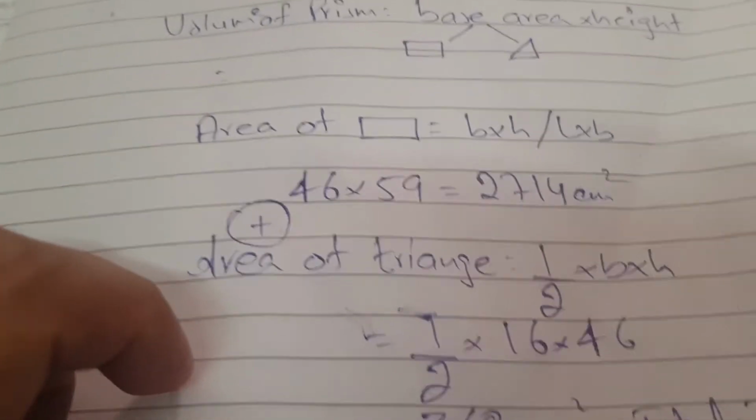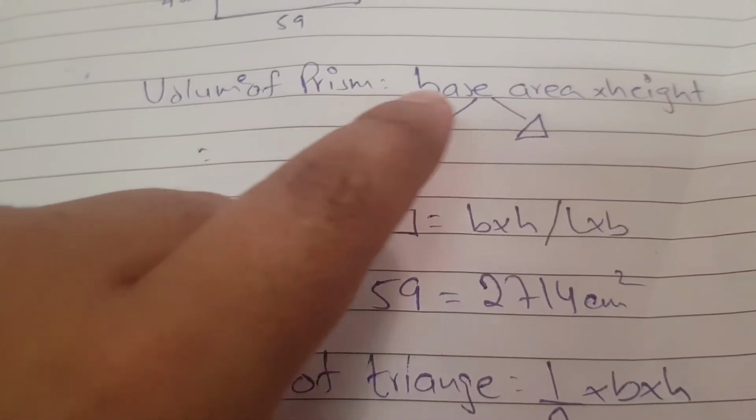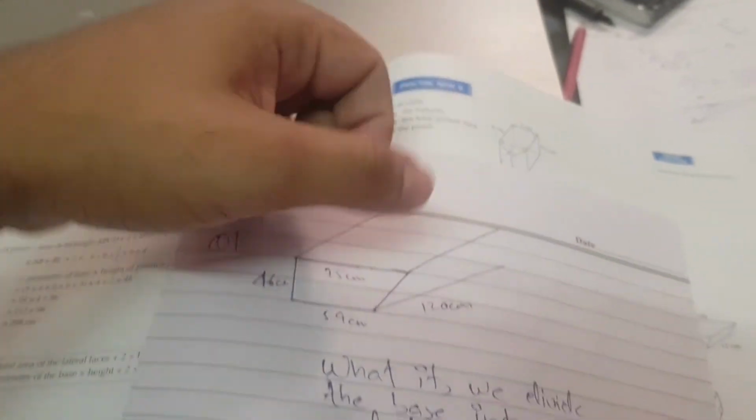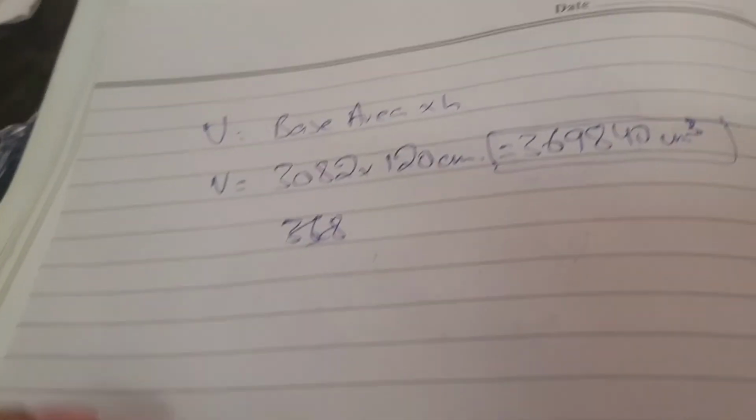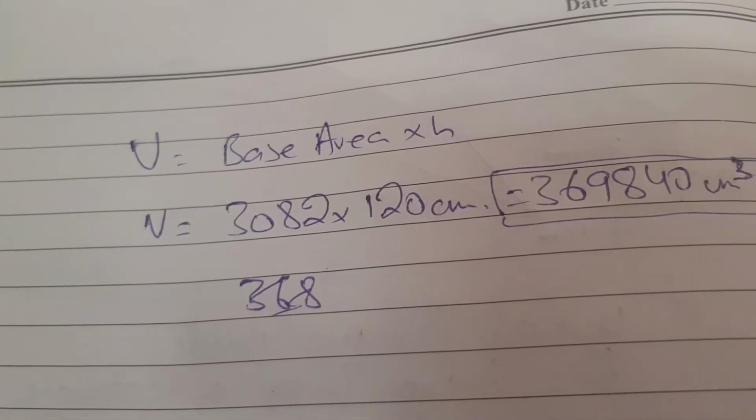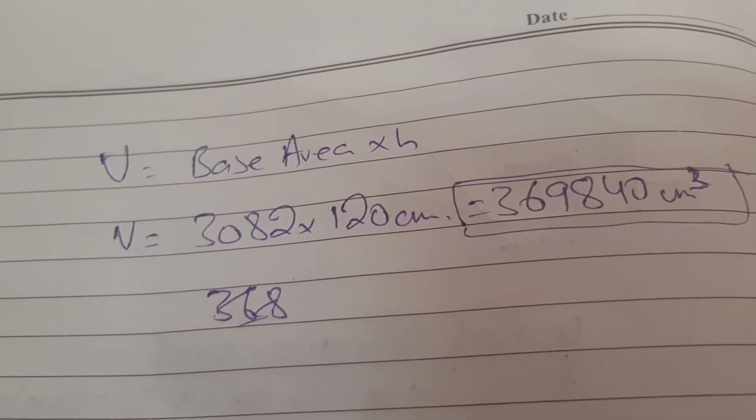Now moving on to the volume. For the volume, I just need to multiply this base area with the height. Our height is this part now, because the object is standing vertically. So this is the height, and we need to multiply our base area 3082 with the height 120 centimeters. I will get the volume of the prism.